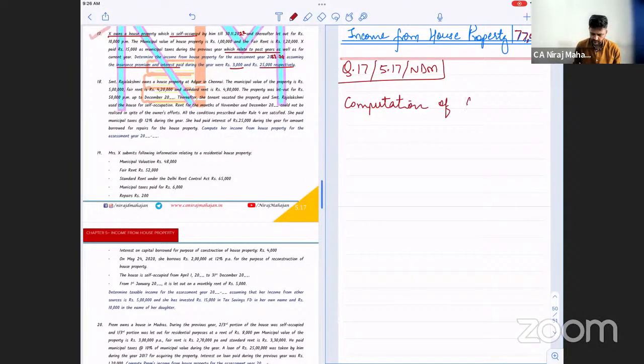Comprehensive income from HP of X for AY 23-24. Particulars, rupees.